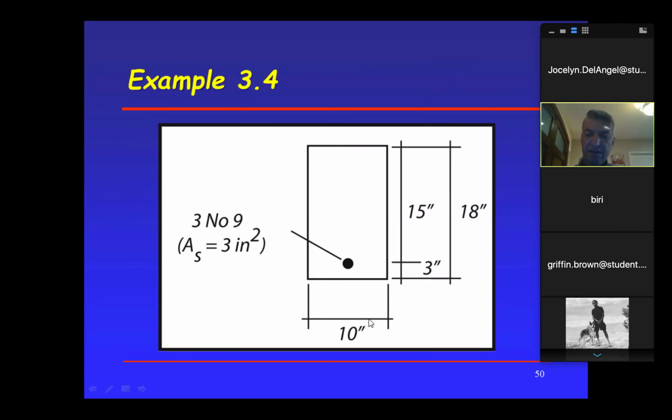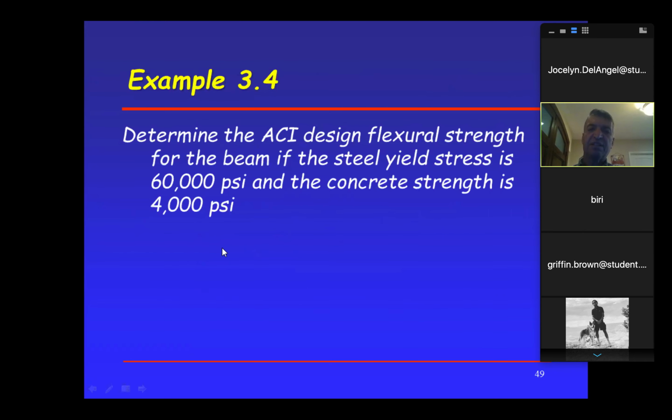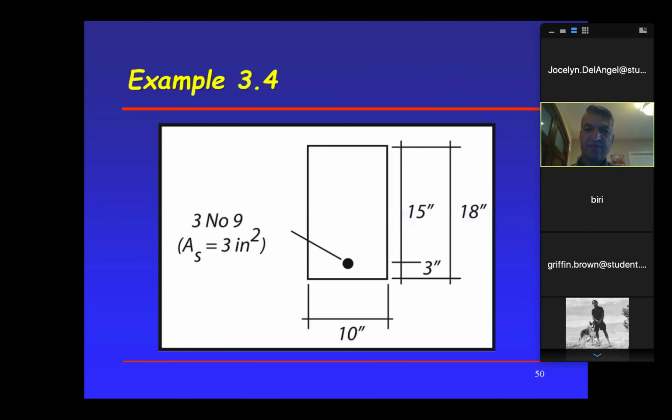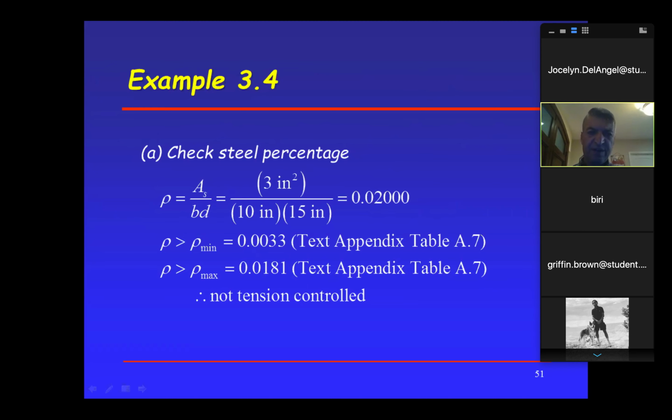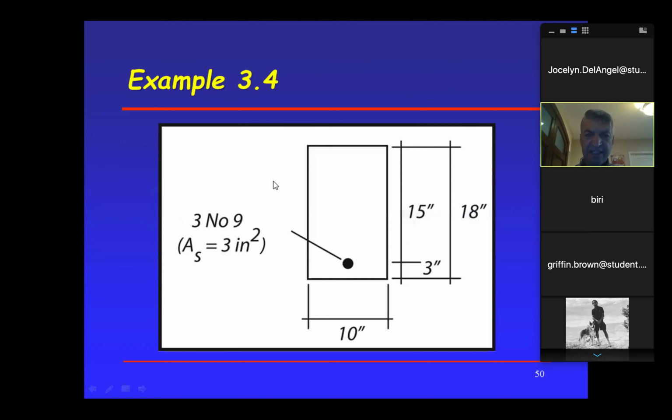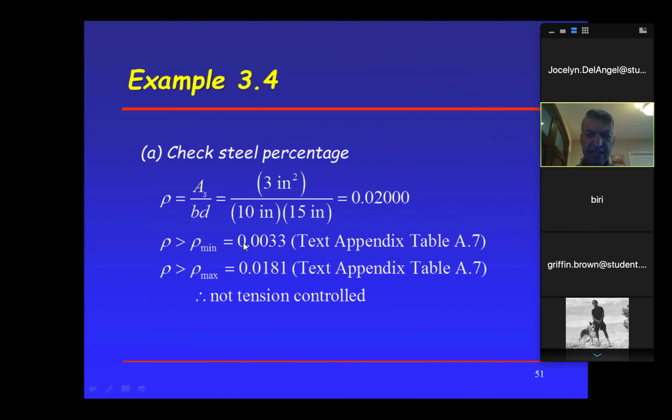See, b is 10, d is 15, h is 18, As is 3. So what is the design moment capacity for this? Same thing. First, we check the steel percentage, As over bd. As is 3 square inches, over b is 10 and d is 15, 0.02.